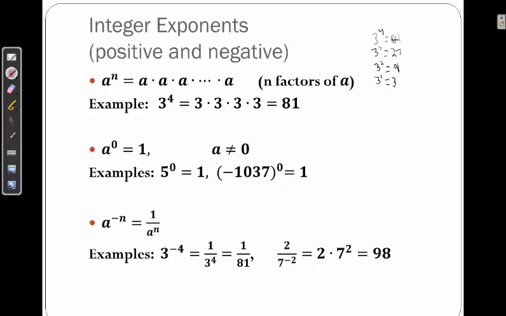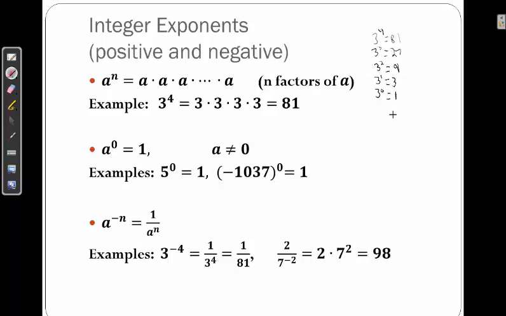But if you notice, getting from a power to the previous power is just a matter of dividing out the base. So you take 81 divided by 3, you get 27. Divide by 3, you get 9. Divide by 3, you get 3. And if you divide by 3 again, you get 3 to the 0, which is just 1.